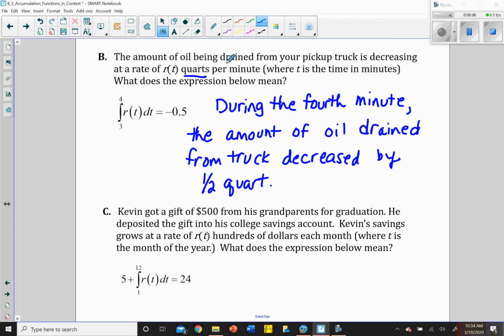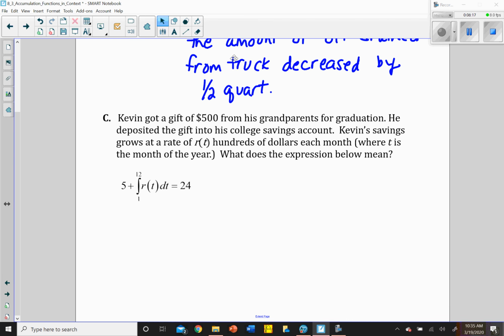On part C, Kevin got a gift of $500 from his grandparents for graduation. He deposited the gift into his college savings account. Smart boy. And Kevin's savings grows at a rate of R of t, hundreds of dollars each month. T is the month of the year.